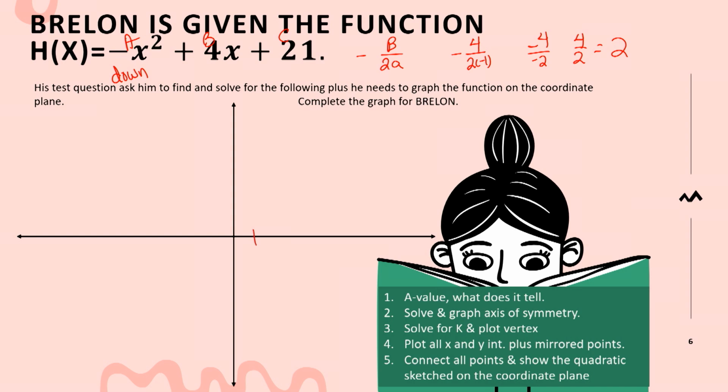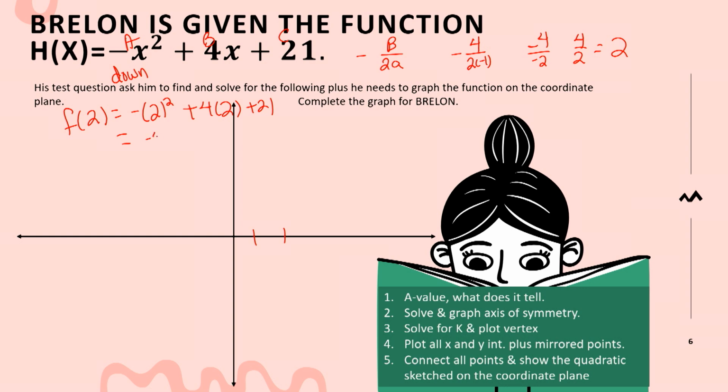So I have h equals 2. Now that I have my H value or my X value of my vertex, I'm going to plug that in to find the K or the Y value. So I have f of 2 equals negative 2 squared plus 4 times 2 plus 21.